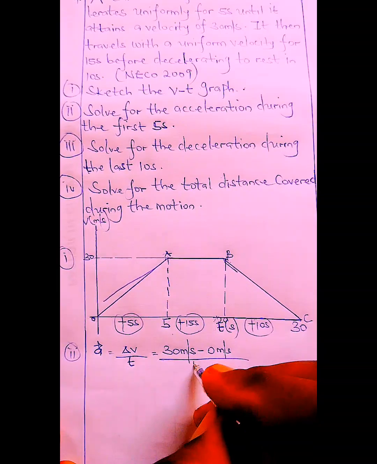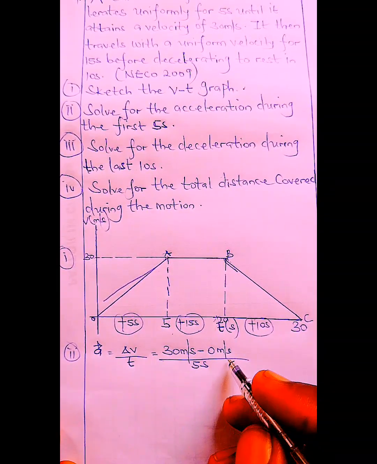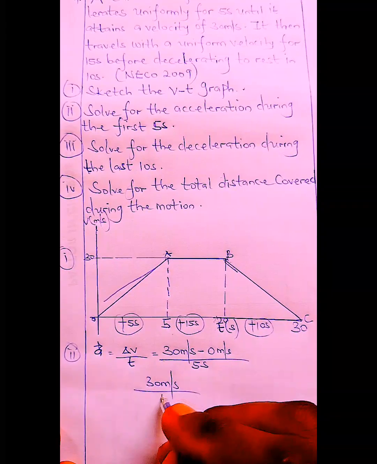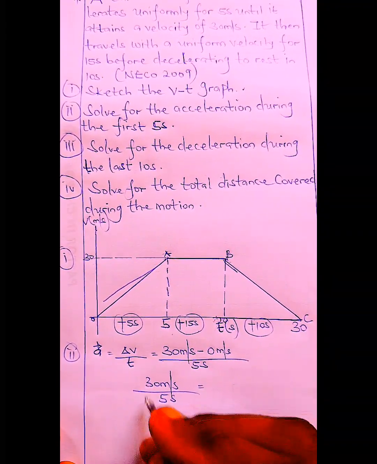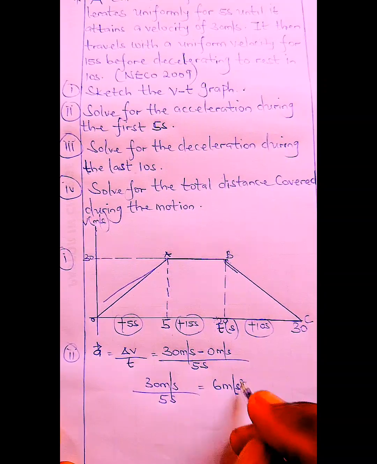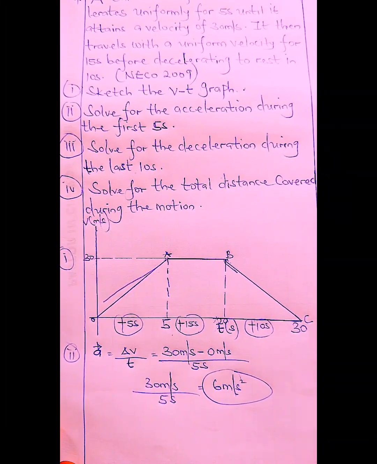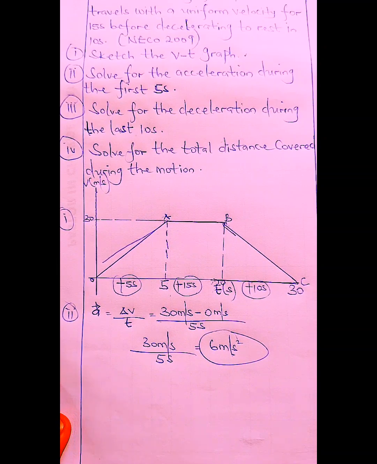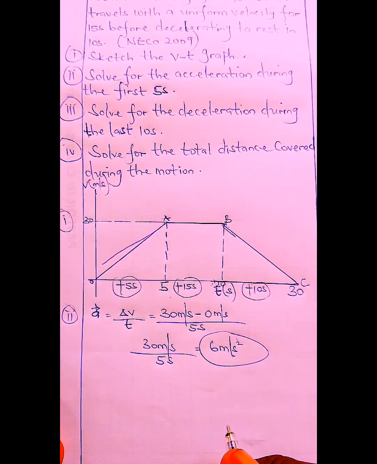It took 5 seconds, as said earlier. So 30 minus 0 is 30 meters per second over 5 seconds. Divide: 5 into 5 is 1, 5 into 30 is 6. So that's 6 meters per second squared. That is the acceleration of the body during the first 5 seconds.